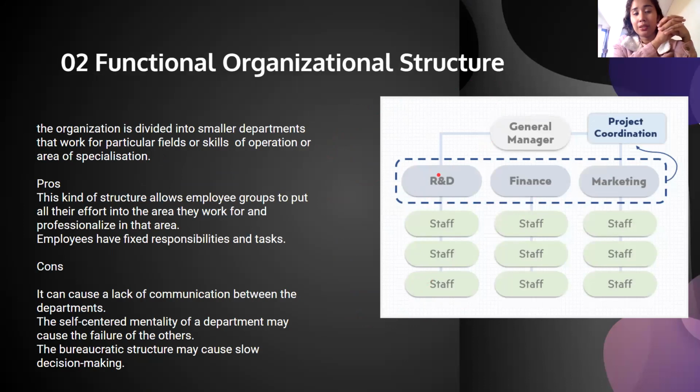So, research and development group, since you are specializing in that, one department. Finance group, yan. Lahat ng accountant natin, ng bookkeeper, and so on, nasa finance department. Lahat ng mga nagmamarket, nasa isang area. Okay. So, based on their skill set.